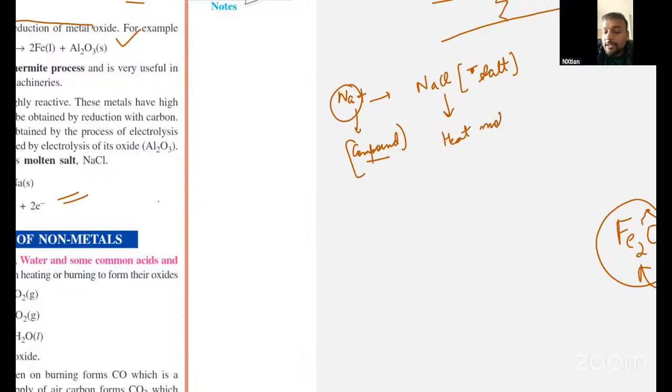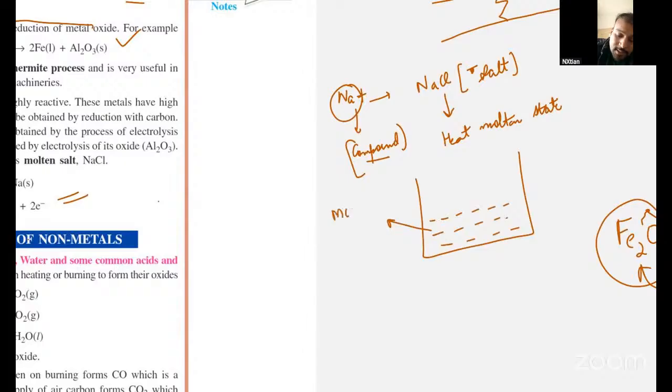Okay, for example, this is the molten state of NaCl, with no water in it. Now in the molten state, NaCl will become Na+ and Cl-. The ions will form in the molten state.